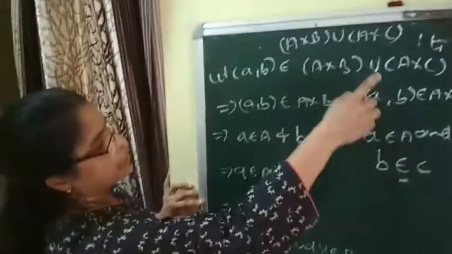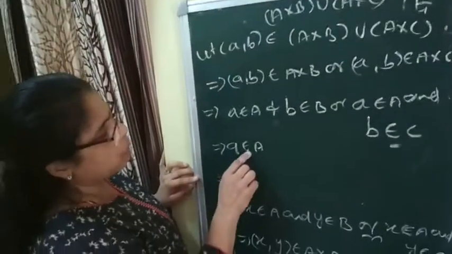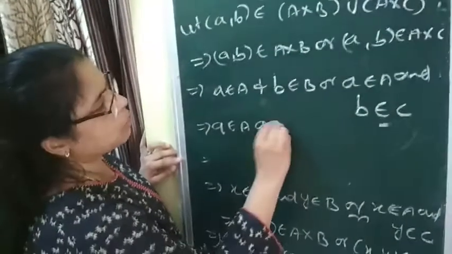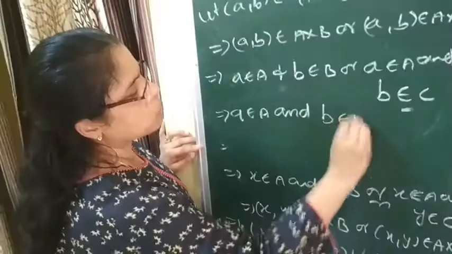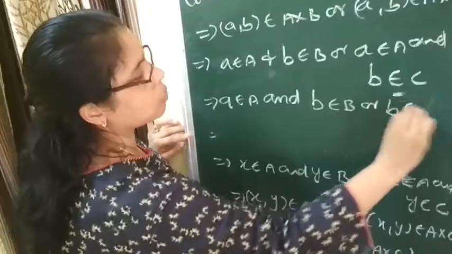A into (B union C) has to be brought. That means a belongs to A is coming common, look, a belongs to A here and here, and b belongs to B and b belongs to C.